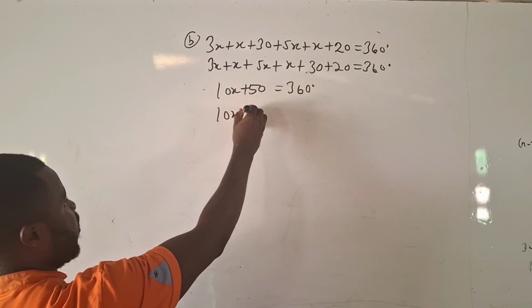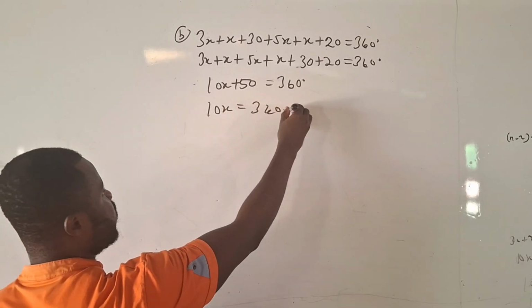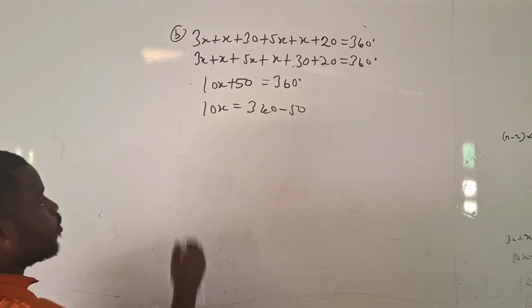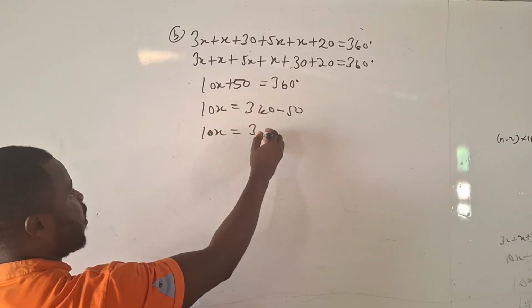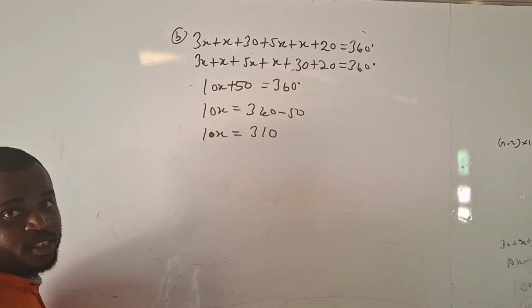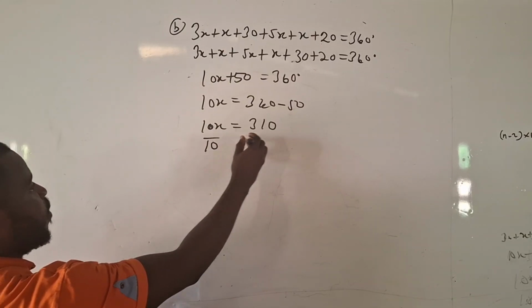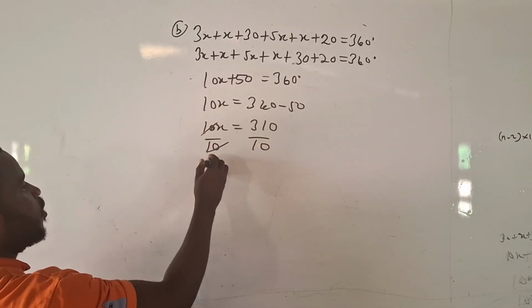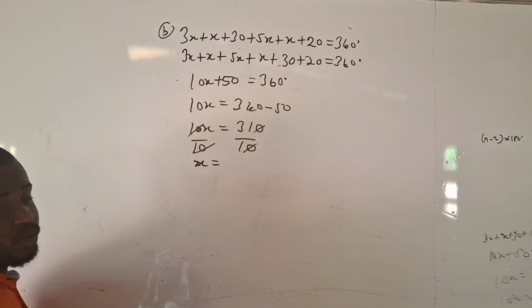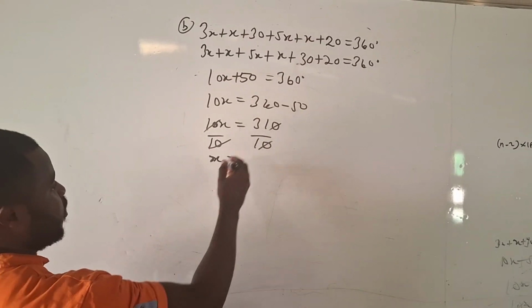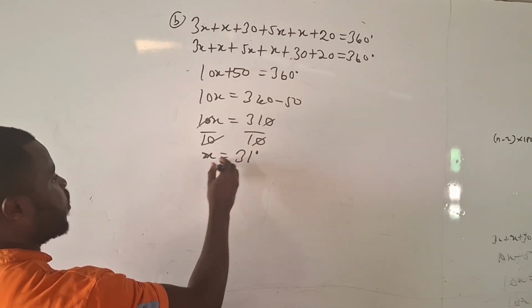So we have our 10x is equal to 360 minus 50. So 10x will then be equal to 310. Then we divide both sides by 10. Now we get our x is equal to, 0 can cancel 0, then 31 divided by 1 will be 31 degrees.